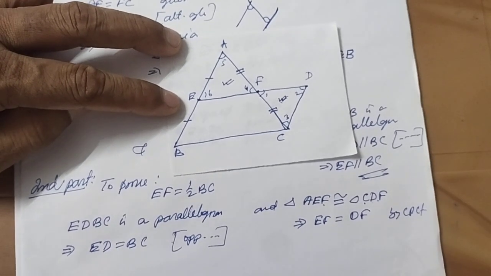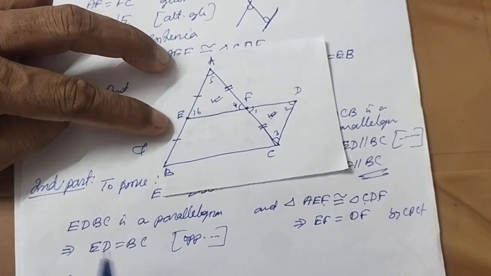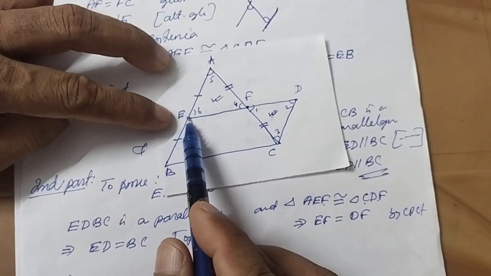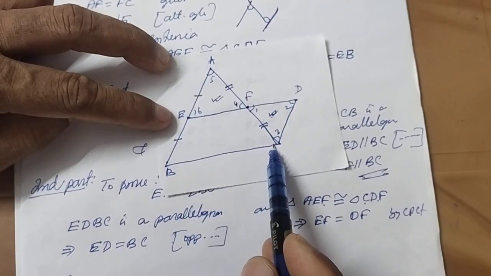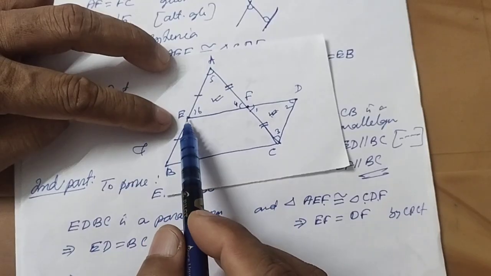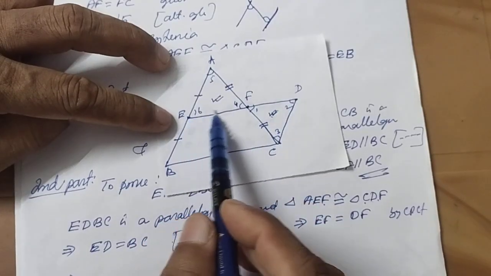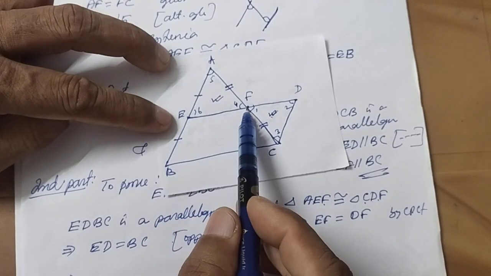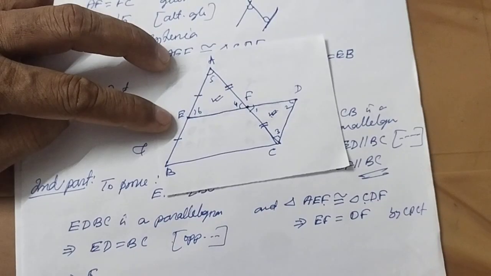Now you see, we have already got ED equal to BC, opposite sides of a parallelogram. And distance ED you can write as EF plus FD, right side BC remaining same.